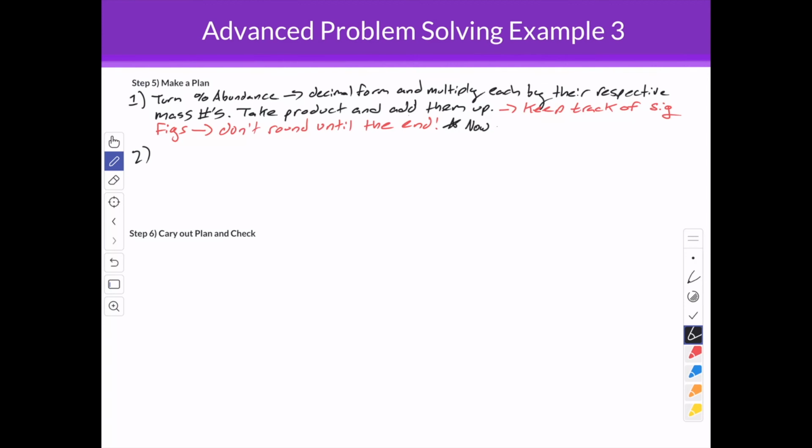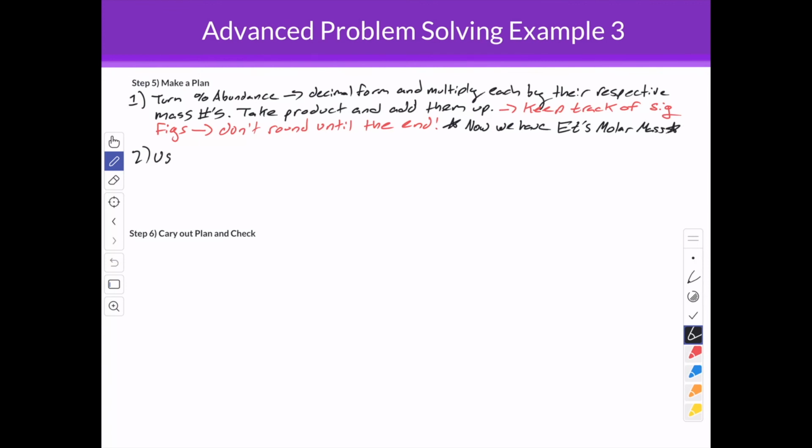Now, we have the average atomic mass, but what we really got out of this was the ET's molar mass. Right? How many grams per mole?